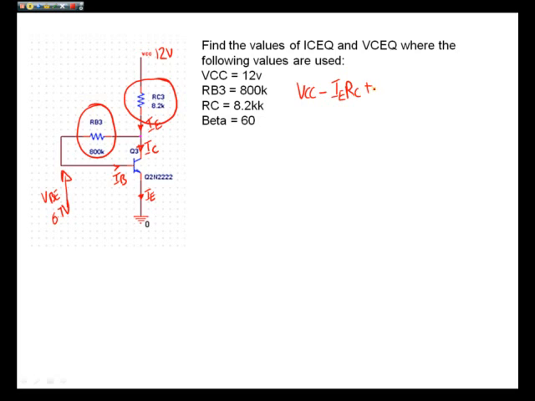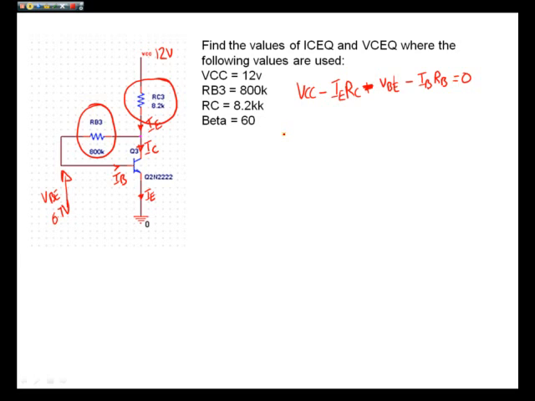Then we subtract VBE, and we would also subtract, in this case, IB RB, and all of that would equal 0.